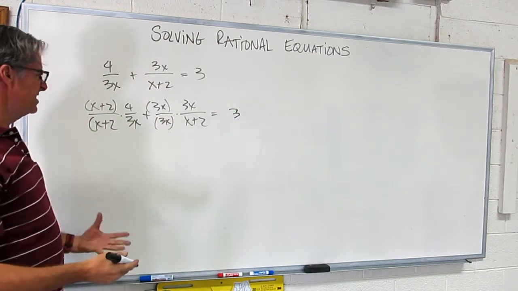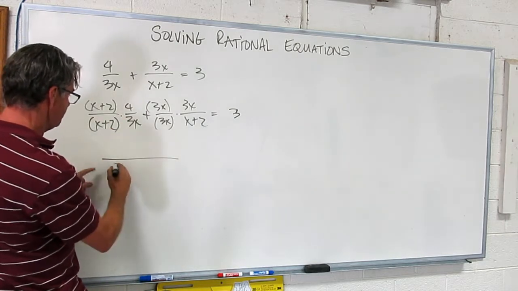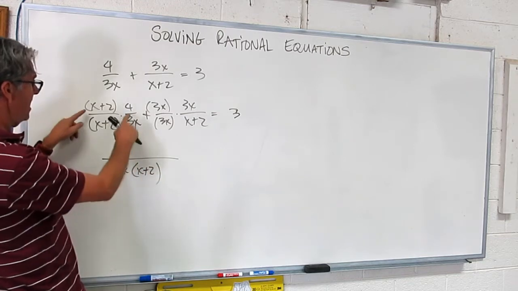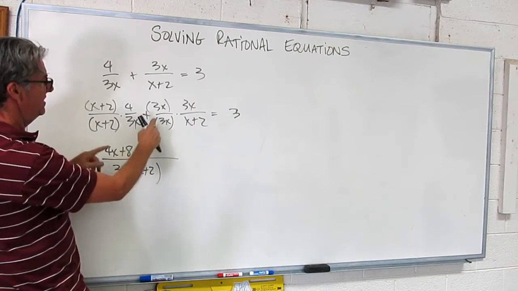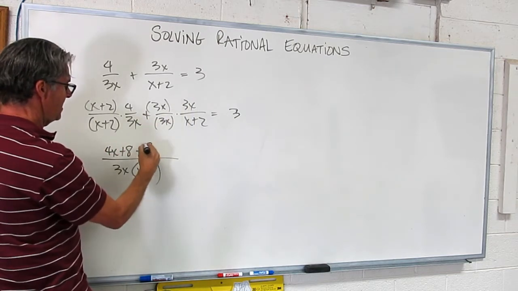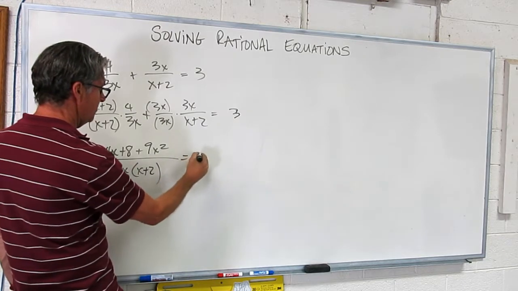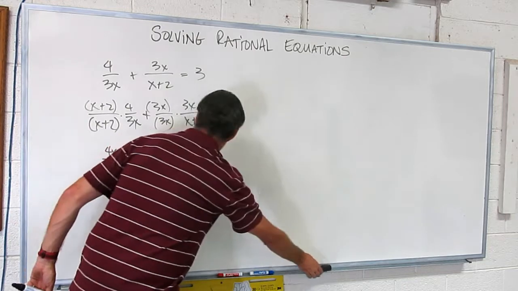Okay? Now let's simplify. The bottom is just going to be 3x times x plus 2. And on my top, I'm going to have 4x plus 8. And then over here, I'm just going to get 9x squared. All equals 3.